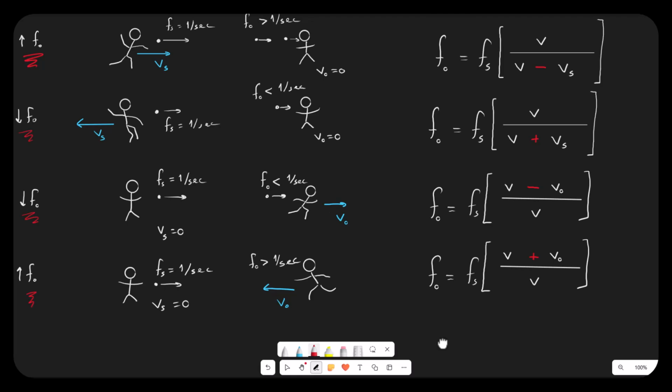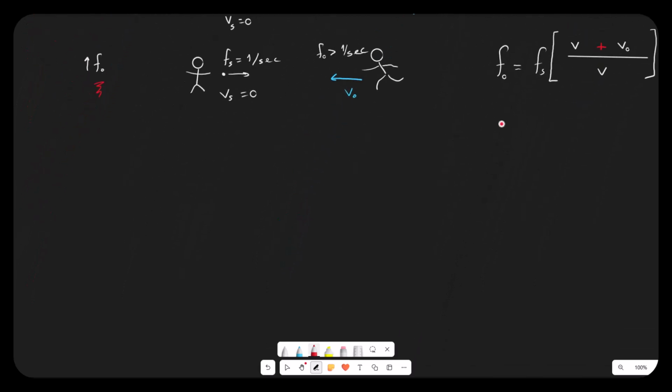I'm going to do one where I've got the source and the observer both moving and see what that looks like. Let's say I have a source who's running like this. And I'm going to have an observer who is running away.